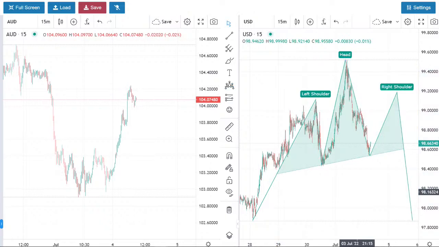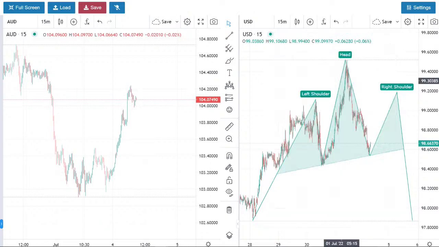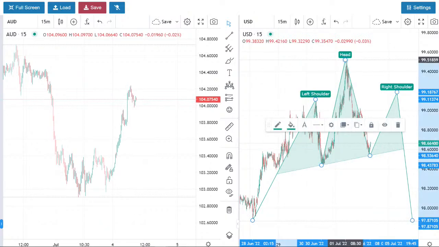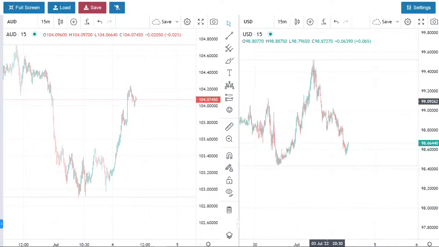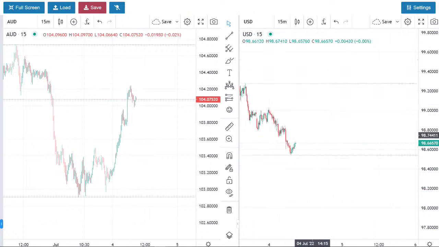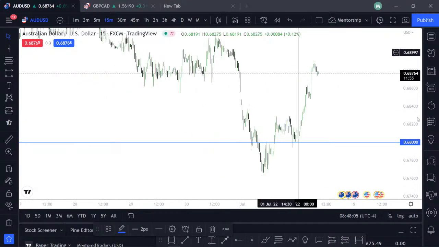Okay, this is what retailers are looking at, but you take entries at institutional levels. So if the dollar keeps selling and selling and this one keeps buying, you make good money when you buy here.